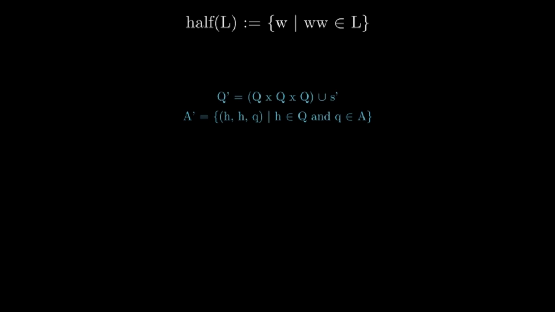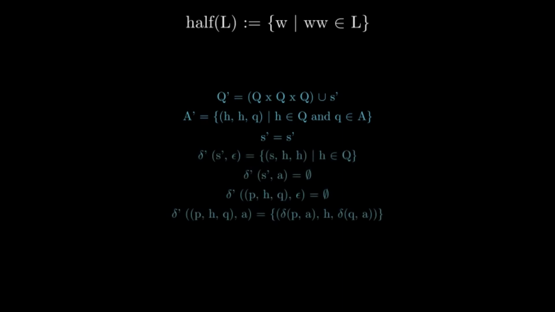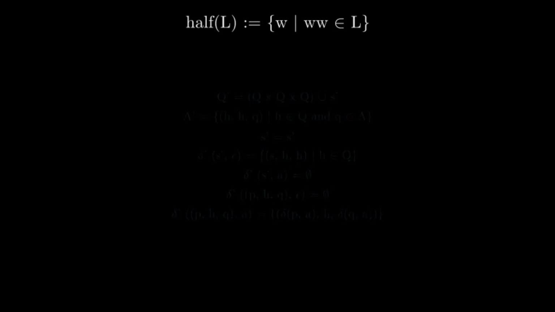For the simulation from the original starting state, we should start at S'. And for the simulation from the halfway state, we should start at the halfway state. Therefore, the starting state of our NFA should be as follows, and the transitions should be as follows. Here's how this looks with our previous example.